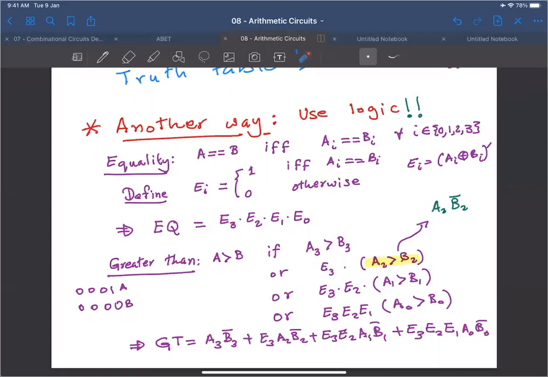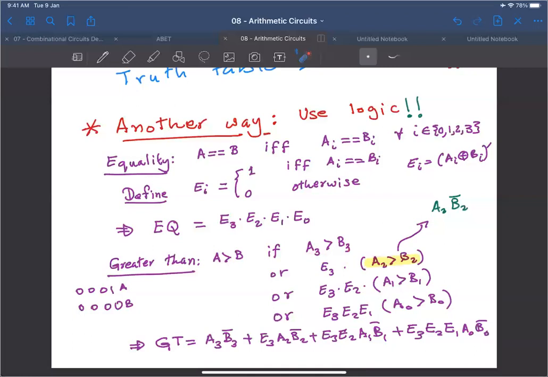The greater than signal, GT, is 1 if and only if A is greater than B. In other words, if A3 is greater than B3, we don't need to check anything else.